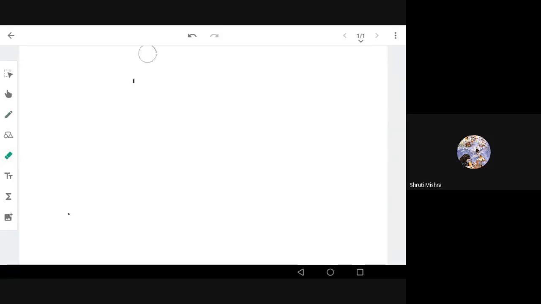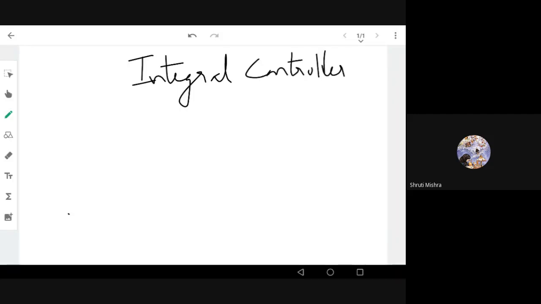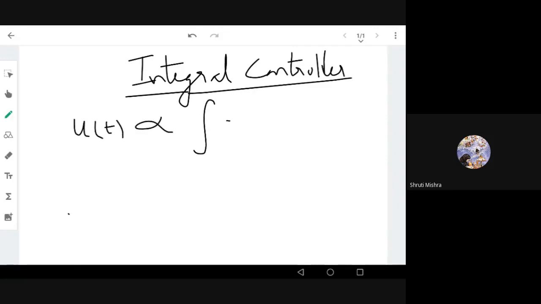That means we are going to design an integral control. In order to improve the proportional controller, we are going to propose integral control. So what is the feature of the integral controller? In the integral controller, the output of the controller is directly proportional to the integral of the input.